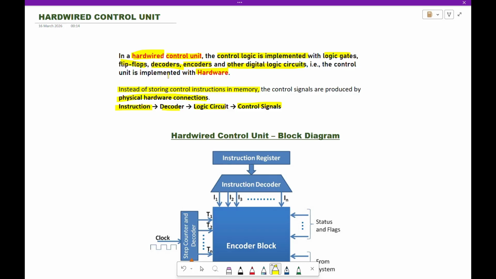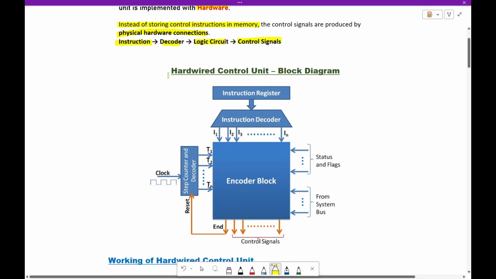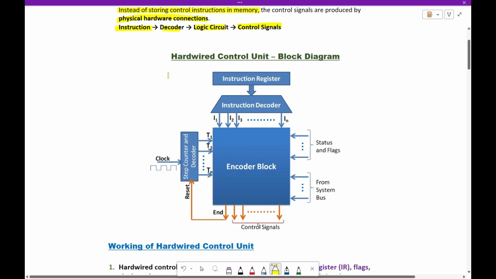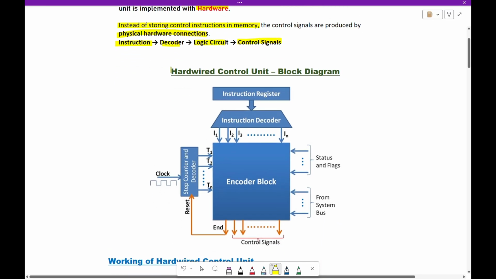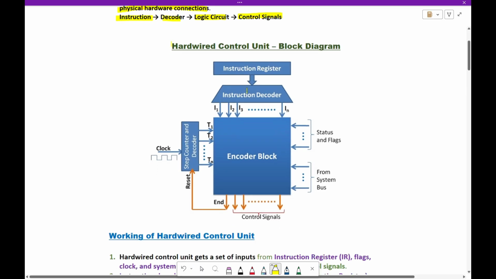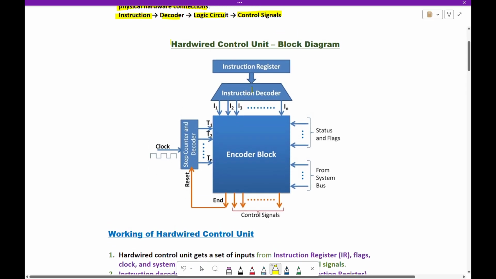Now we talk about the working of hardware control unit. Hardware control unit mainly consists of instruction register, decoder, clock, flag, encoder block, and system bus.